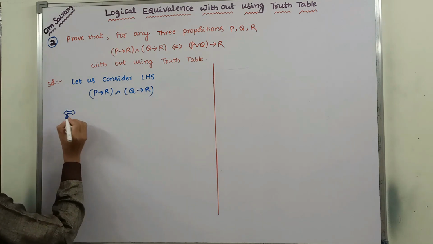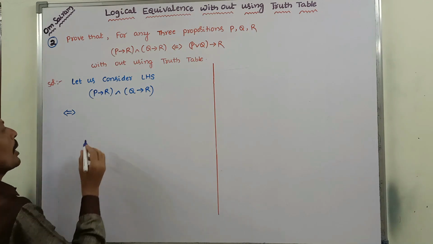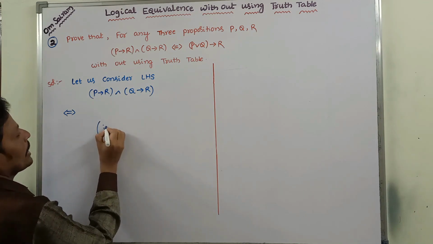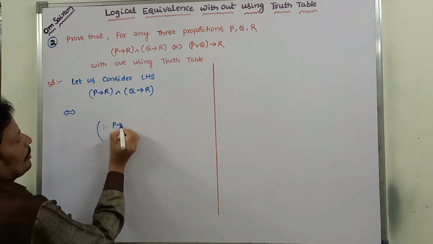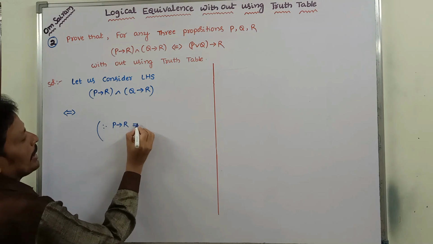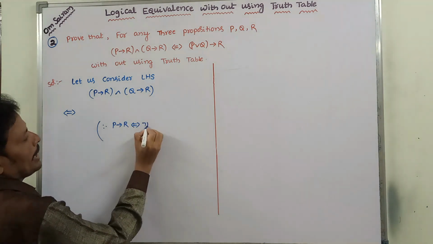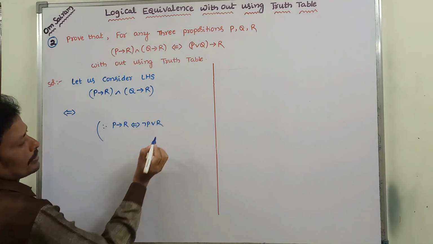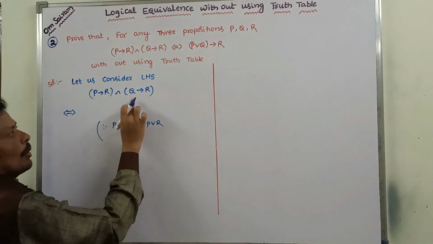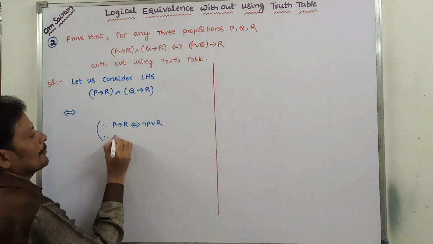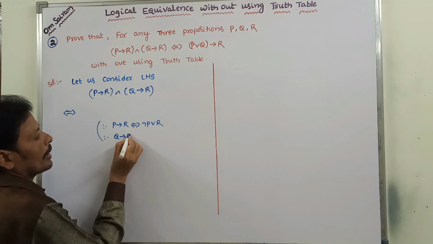Now, what is the equivalent formula for P conditional R? Negation P or R. Next, what is the equivalent formula for Q conditional R?